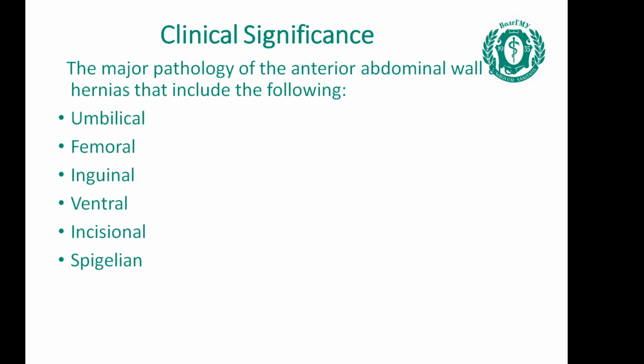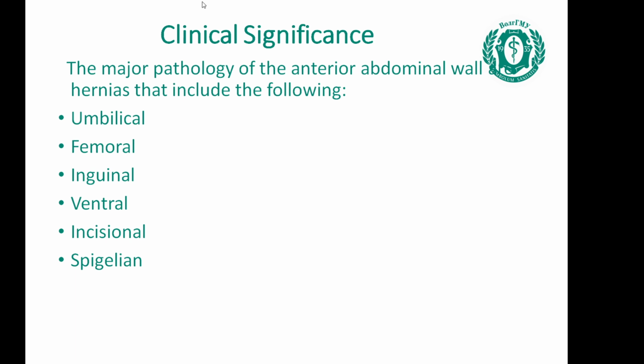The major pathology of the anterior abdominal wall is hernias, which include the following: umbilical, femoral, inguinal, ventral, incisional, Spigelian. If you know the most common sites for abdominal hernias, the so-called weak places of the abdominal wall are linea alba abdominis, umbilicus, inguinal canal.